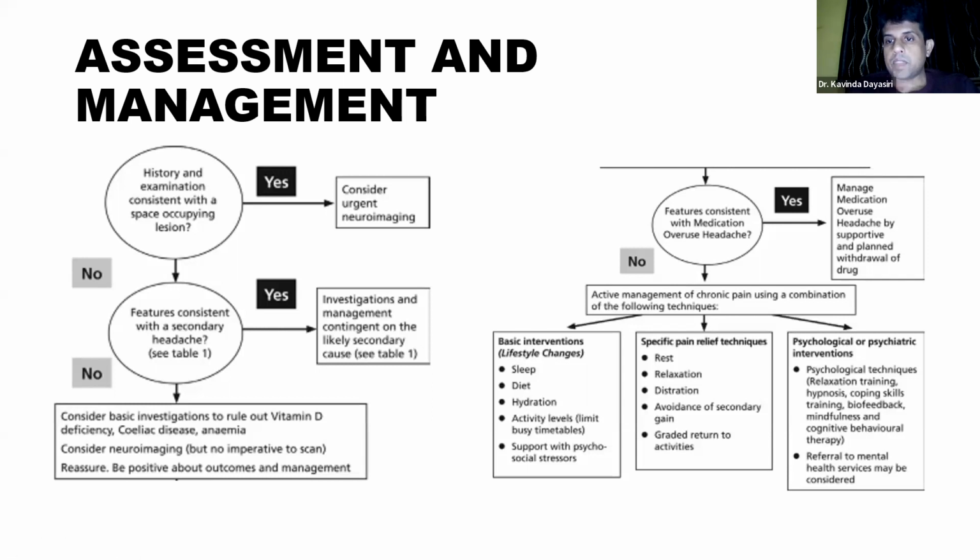And then psychological measures: treating associated anxiety or depression, training them in relaxation techniques, improving coping skills, biofeedback training, practicing mindfulness, and offering cognitive behavioral therapy according to the indication. So that is a generalized approach which can be offered to manage a child with chronic persistent headache.